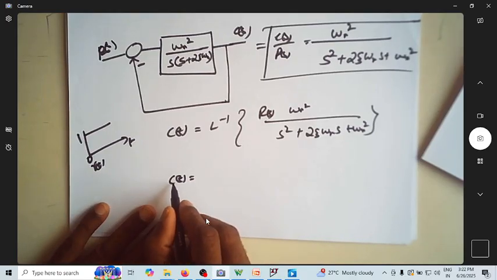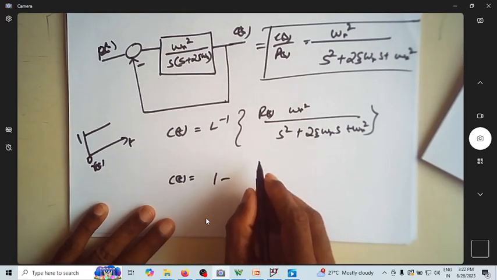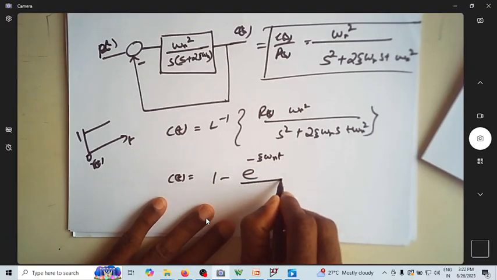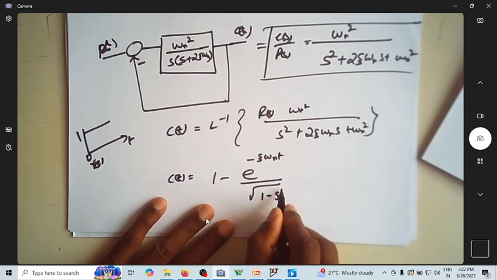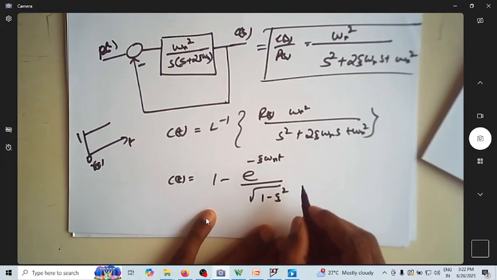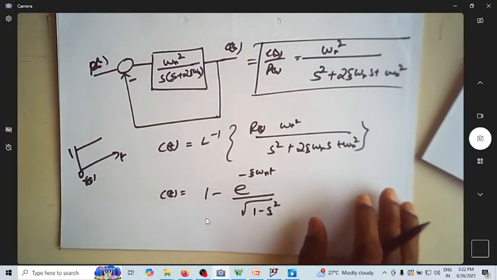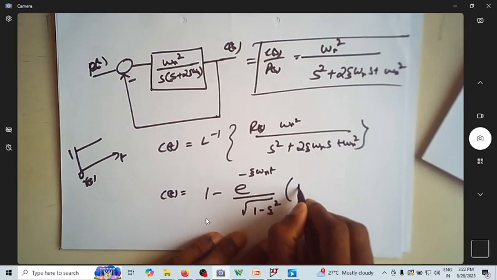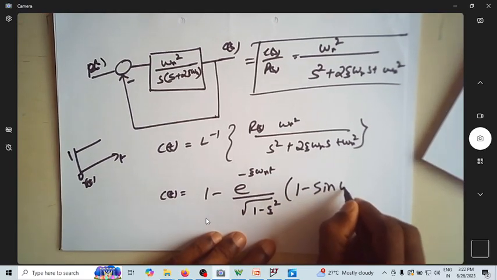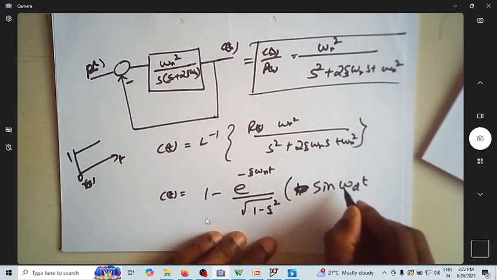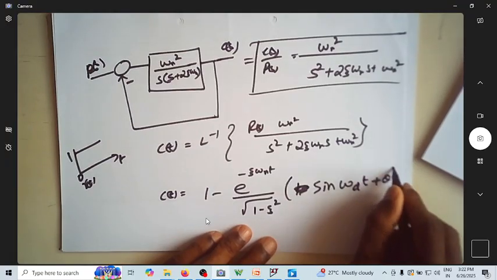It is given by C of t is equal to 1 minus e power minus zeta omega n t divided by under root of 1 minus zeta square, into sine omega d t plus theta.